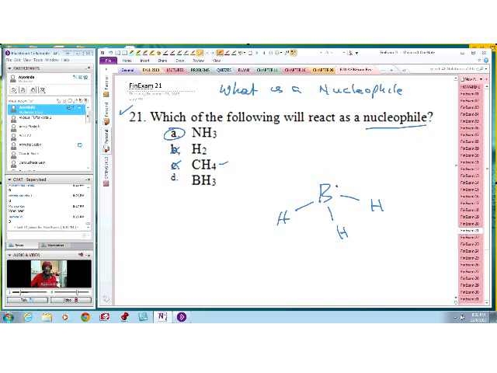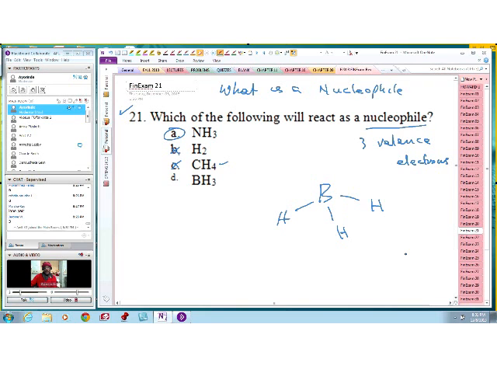But the difference is, if you look at the periodic table, boron is in group 3. So boron, in nature, only has 3 valence electrons. In this molecule, boron does have 3 electrons that belong to it, which satisfies the natural valence requirement for boron.